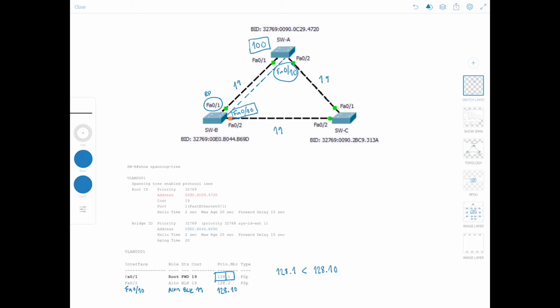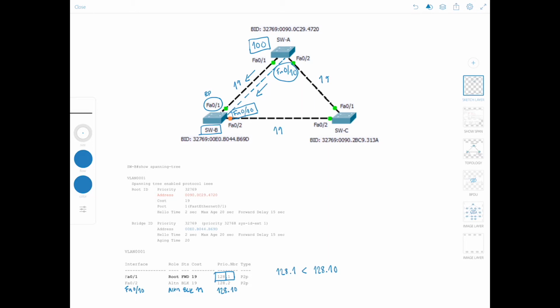So if we would only factor that on switch B, so switch B receives that 100 on both of these interfaces, but they have totally different speeds, it's going to look like these links are equal if we're only evaluating the cost received from another switch. So that's why you add the local cost to get the total path cost.